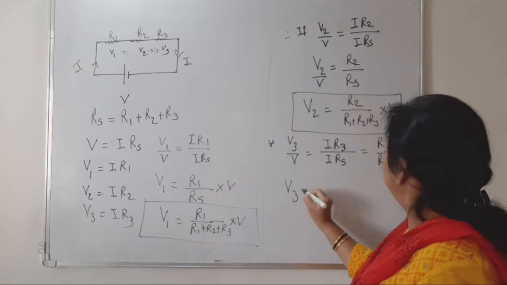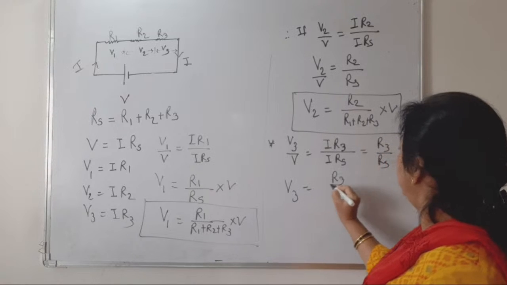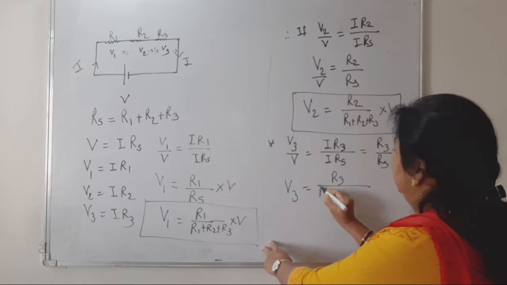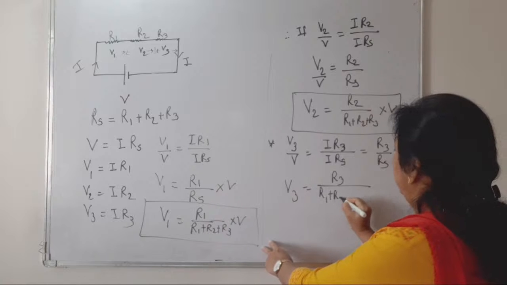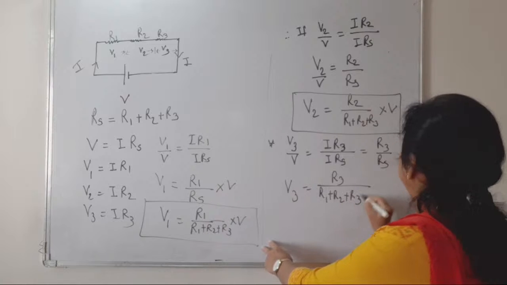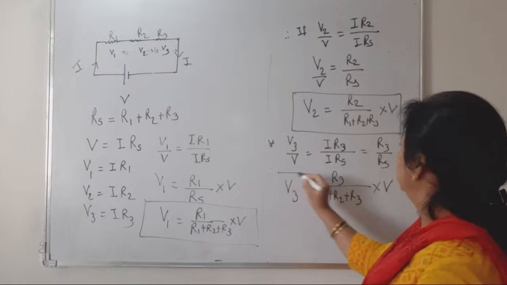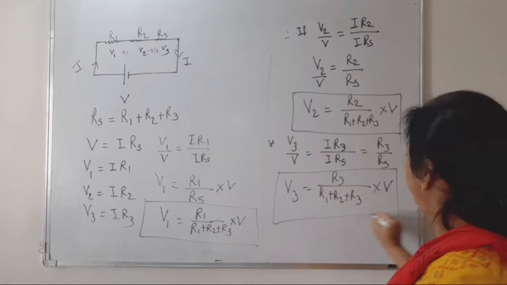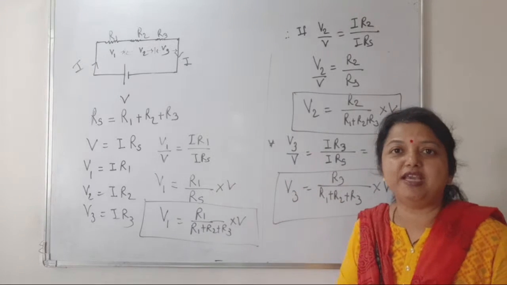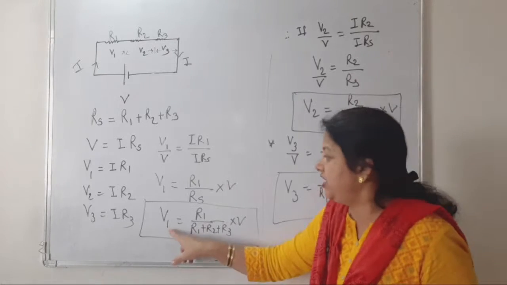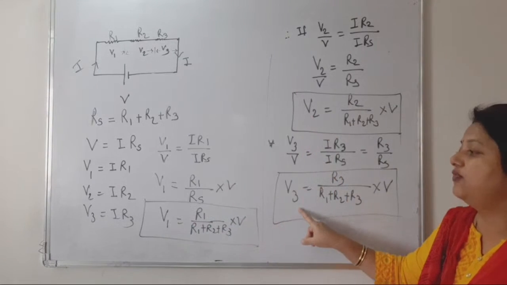Therefore V3 is equal to R3 upon R1 plus R2 plus R3 multiplied by V. This one is the formula for potential division. Potential V is divided as V1 plus V2 plus V3.